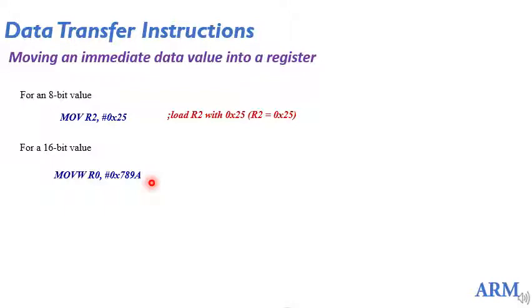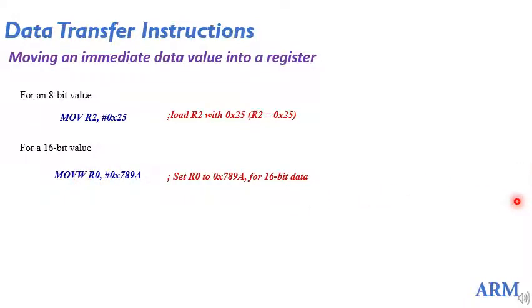In the example I have taken MOVW R0, #0x789A. This 16-bit data 789A will be moved to R0 when this instruction is executed.